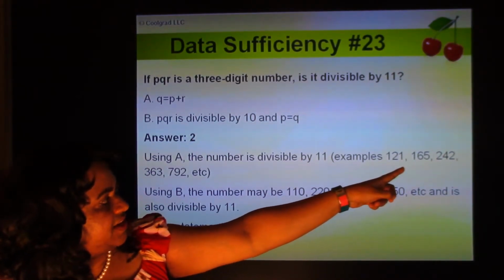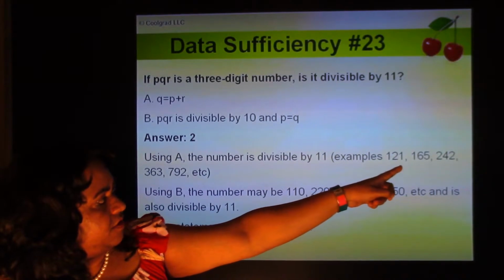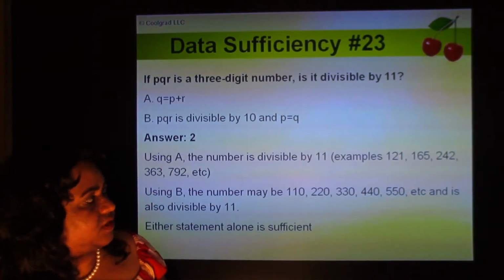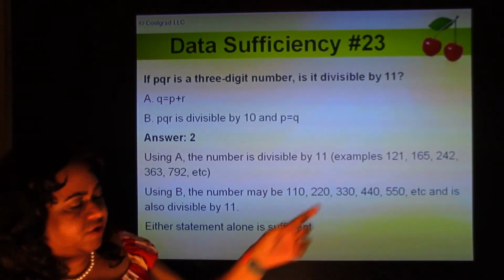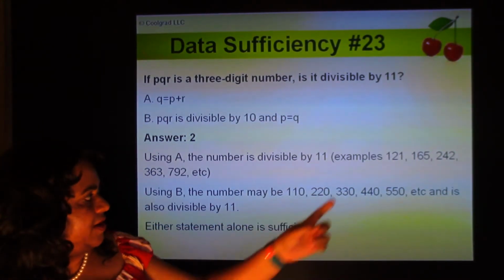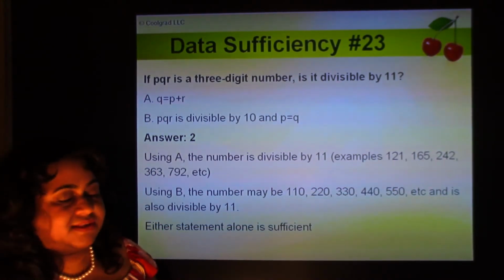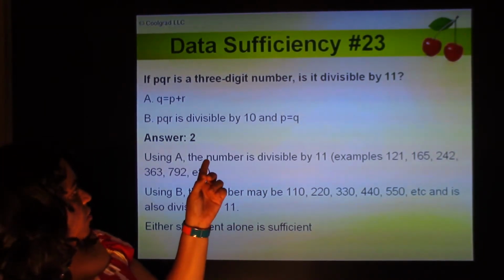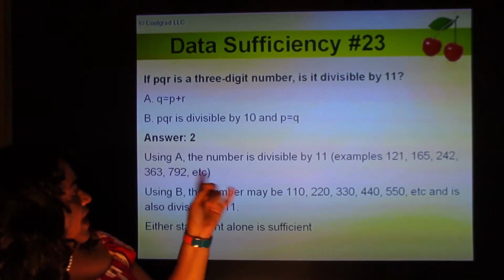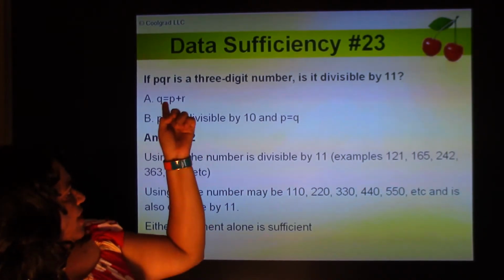So 11 times 15 is 165. And 11 times 11 is 121. So anytime a 3-digit number has the middle number equal to the sum of the other two digits, it's always divisible by 11. So clearly using A alone, we can answer this question.